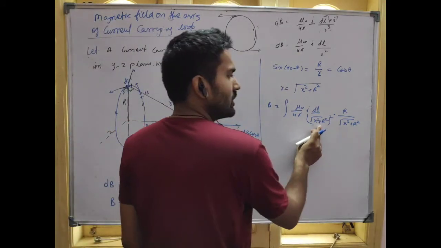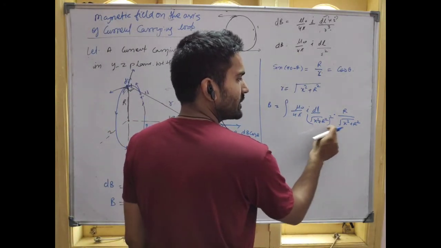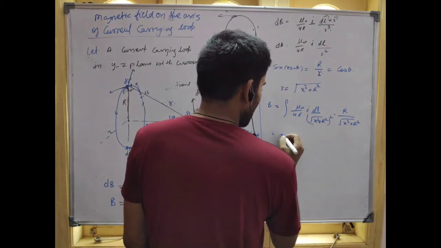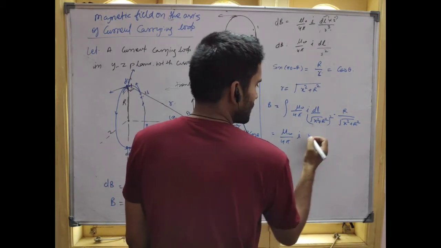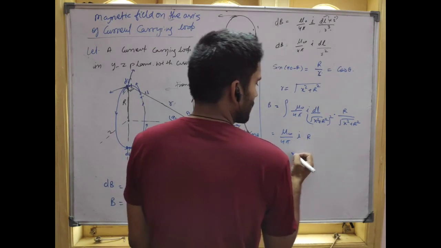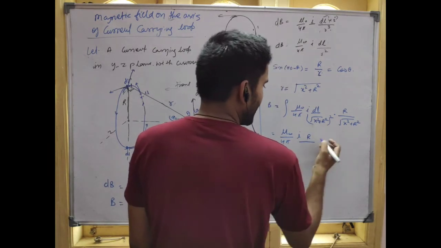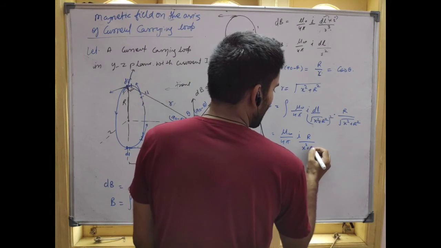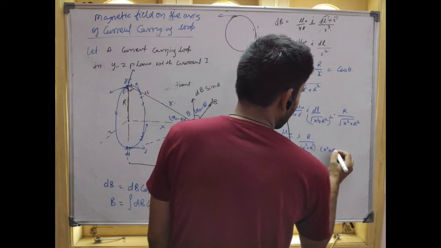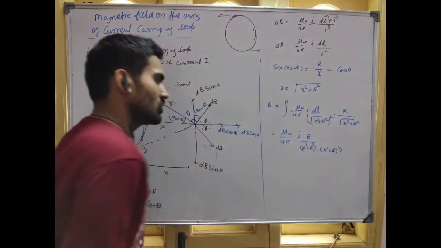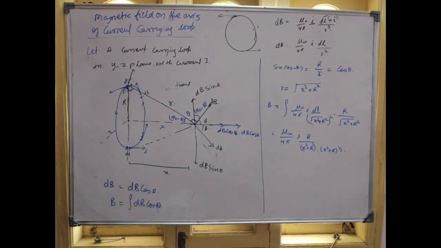So this will open up: it will be 1, and this will be 1 by 2. Mu naught by 4 pi will come out, I will also come out, and r will also come out here. Can you say it as x square plus r square into x square plus r square raised to power 1 by 2? Any problem, guys?